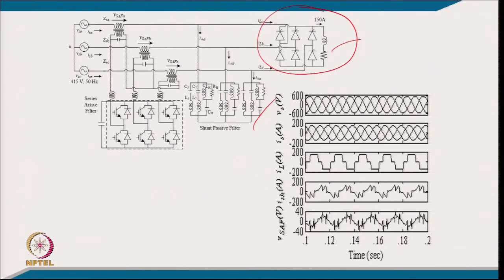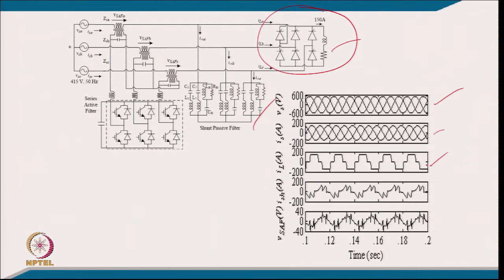Since the series active filter avoids resonance, it also generates the adjustable voltage across the passive filter, or the point of common coupling, so that whatever the harmonic currents are, they are pushed into the passive filter. After making the complete model of this system and putting in all the data given in the numerical problem, these are the simulated waveforms: the supply voltage and supply current, where we want a unity power factor sinusoidal current, and this is the load current, which is the nature of a thyristor converter, constant output current.